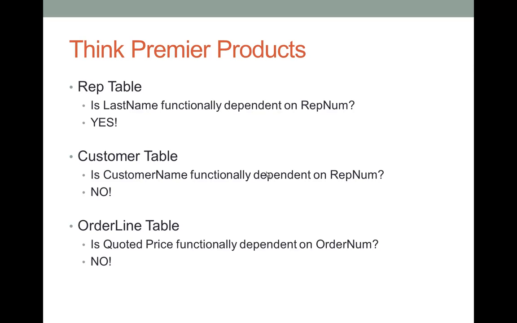So you need the quantity ordered and the part number together in order for that whole thing to be functionally dependent back to the order number. The quoted price in and of itself is not functionally dependent on the order number. In other words, an order number can be associated with more than one quoted price.